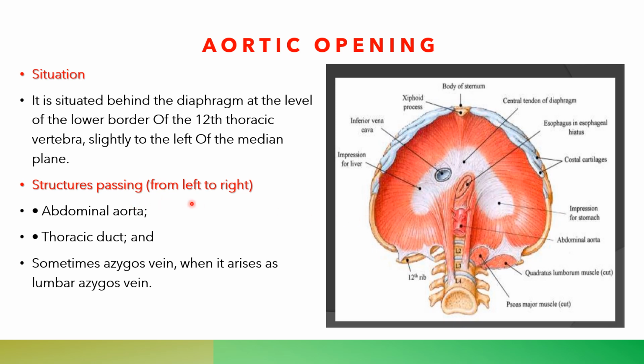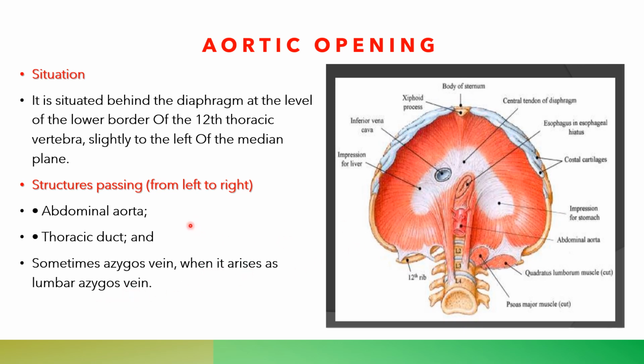What are the structures passing from left to right from this opening? Number one, the abdominal aorta, which is a major structure passing from the aortic opening. Then the thoracic duct also passes through this opening, and sometimes the azygous vein when it arises as lumbar azygous vein.